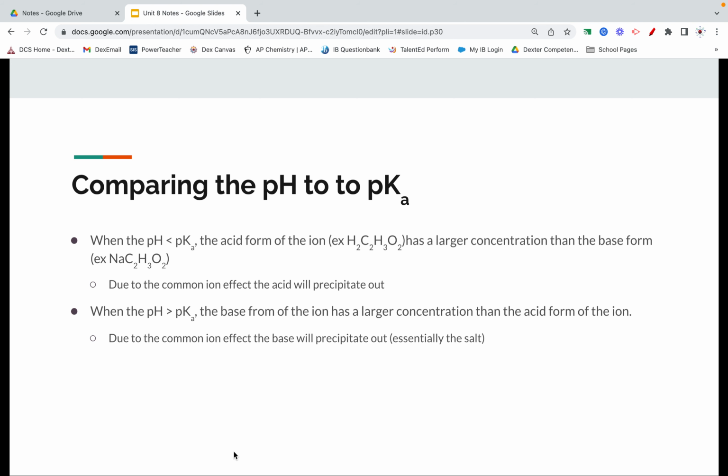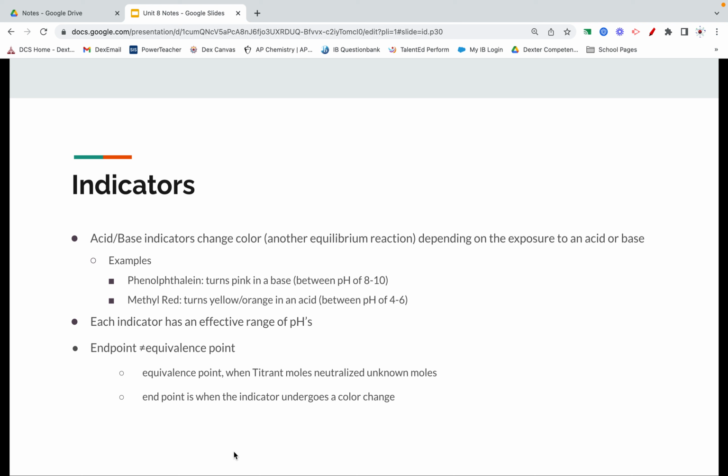When the pH is greater than the pKa, the base is going to have a larger concentration than the acid. Pretty straightforward. And then we could use indicators. You should be familiar with these from previous titrations we talked about with redox. We're just looking at a color change based upon exposure to an acid or a base, or how much hydroxide or hydronium is in solution. Each indicator has an effective pH range, like phenolphthalein will turn pink. You guys use that.